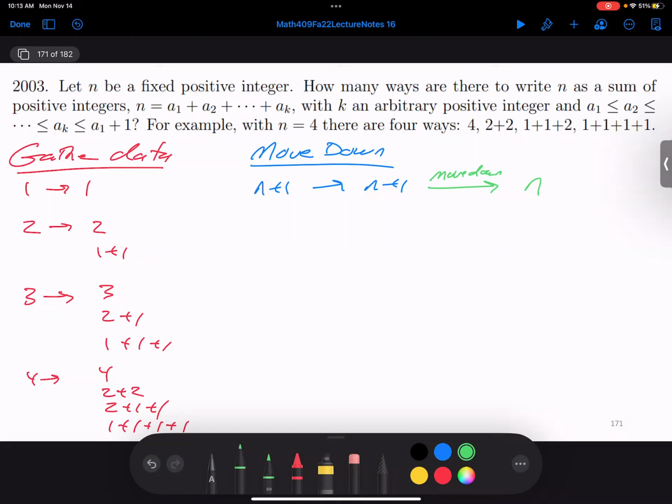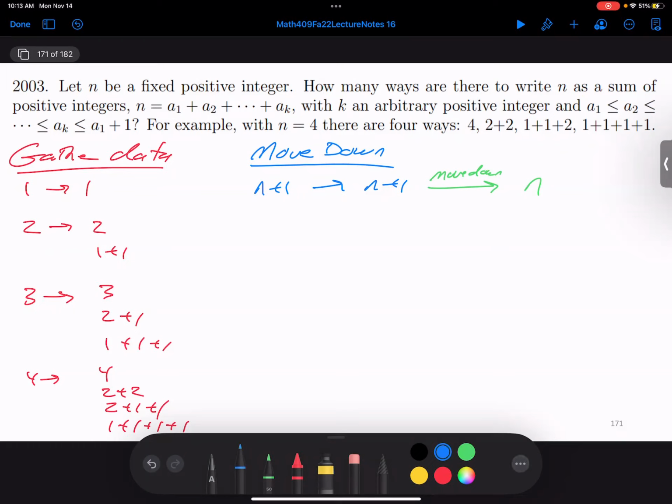Now, what about the next one? Well, if we have n, it would have to be n and n minus 1. Or it could be, we can't have n and n, right? Because if we had n and n, that would add up to 2n. So we have some general term.